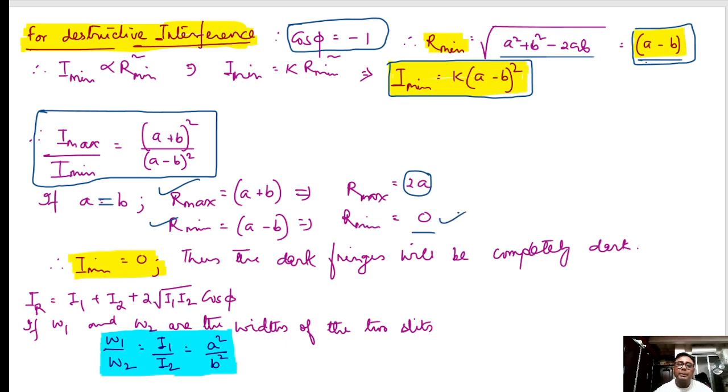That means the dark band will be very dark and the bright band will be very bright. So I min will definitely be 0. Thus dark fringes will be completely dark.